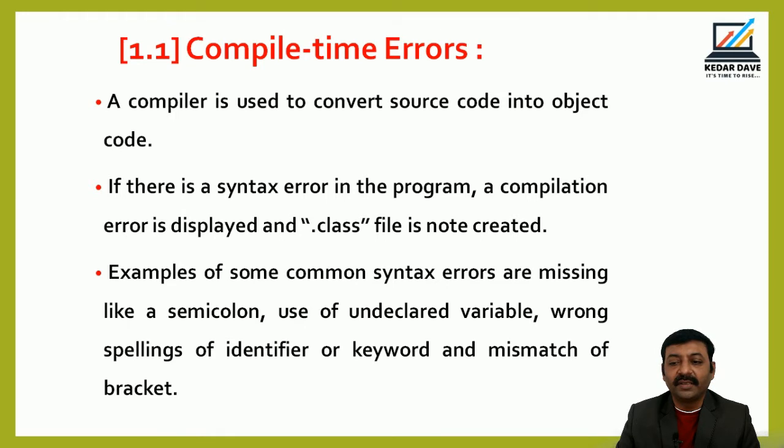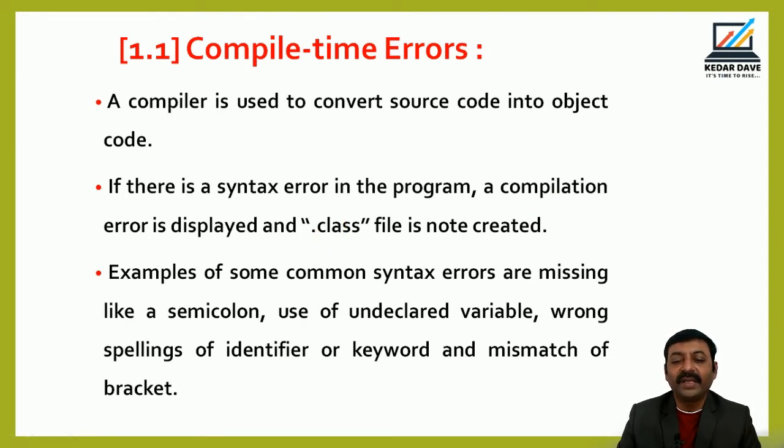If there is a syntax error in the program, then a compilation error is displayed, and the dot class file is not created. It is not generated by a Java program.